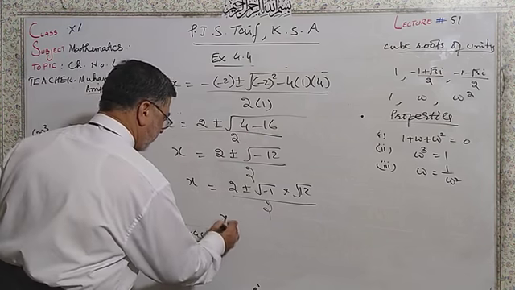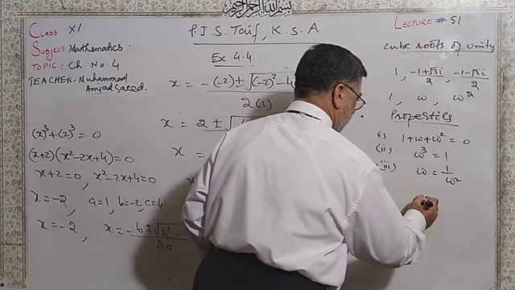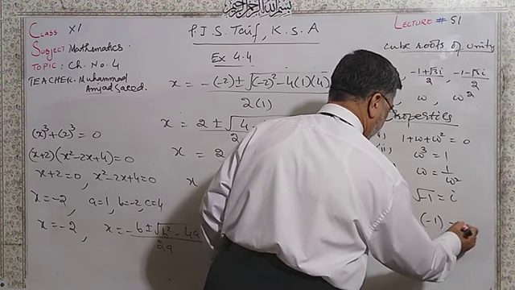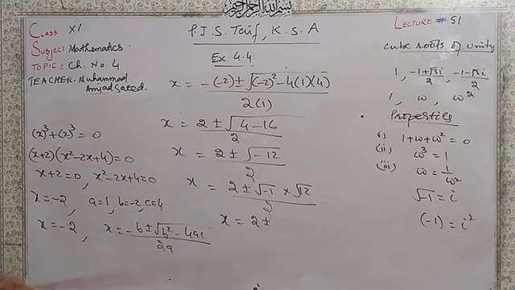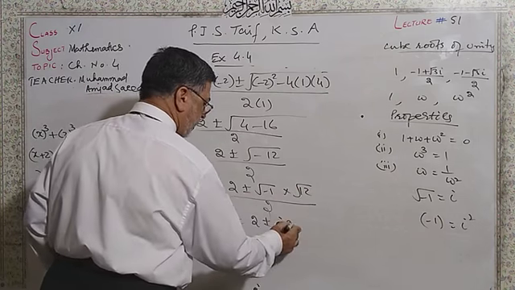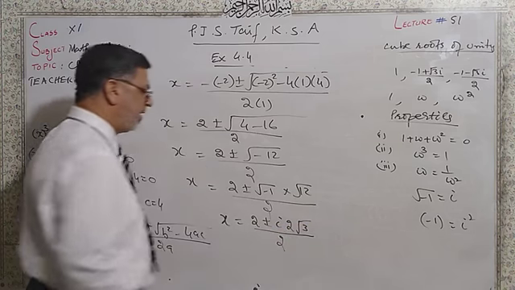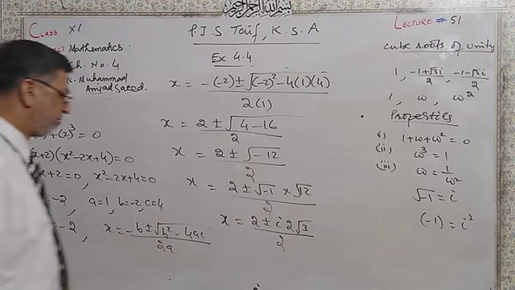Here x is equal to 2 ±, and remember √(-1) is iota and -1 is equal to iota square. So here we can apply iota, and 12 is 2 into 2 into 3 under root. So that's why we will write down √12 as 2√3.